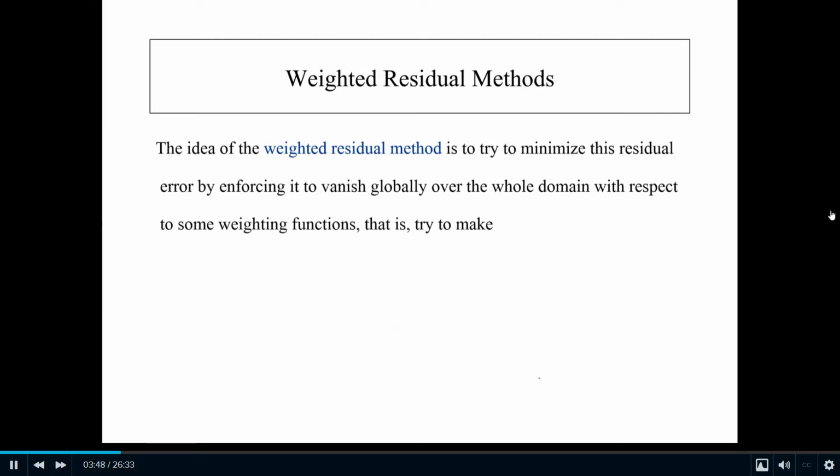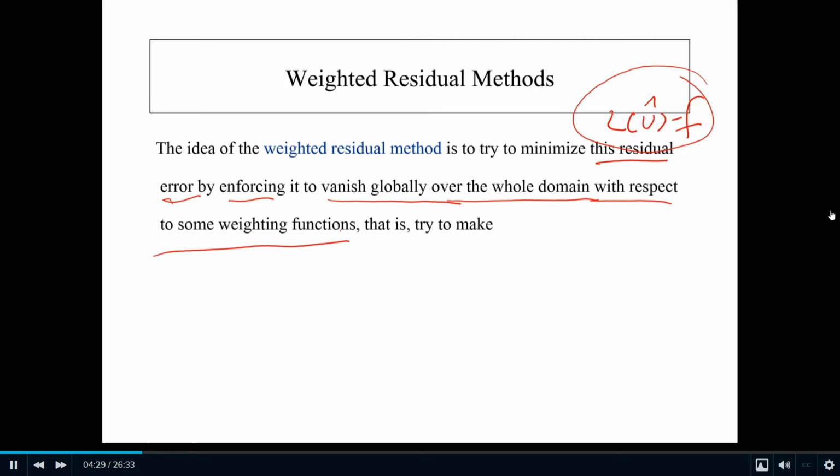The whole idea of the weighted residual method is to try to minimize this error, because if you minimize it, it means that you got a very good approximate solution, or an accurate solution, if you can have a really small value of this error.